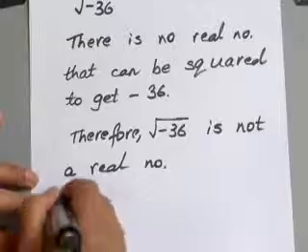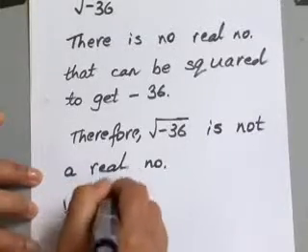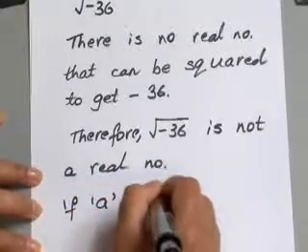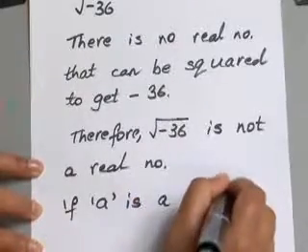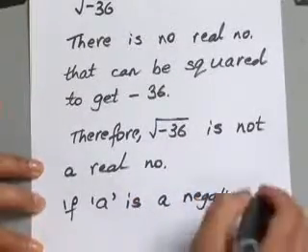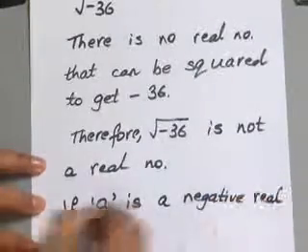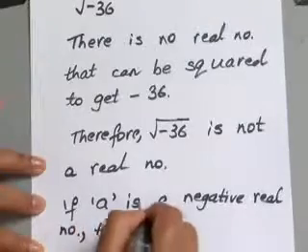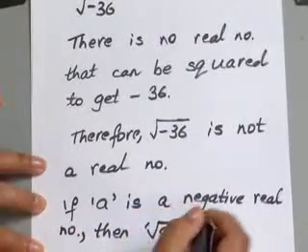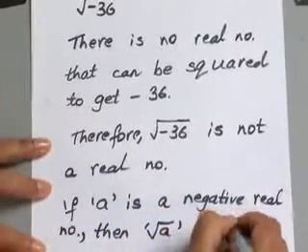They're not going to be real numbers. So if you take any value a that is a negative real number and you try to find its square root, just by looking at the number, you should be able to tell this is going to be a non-real root.